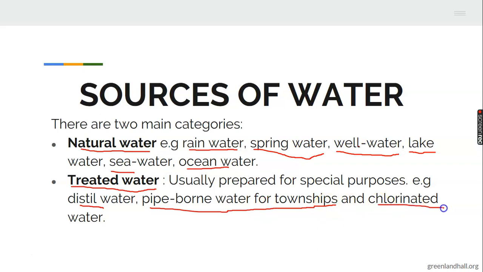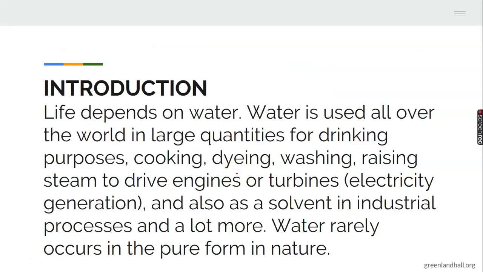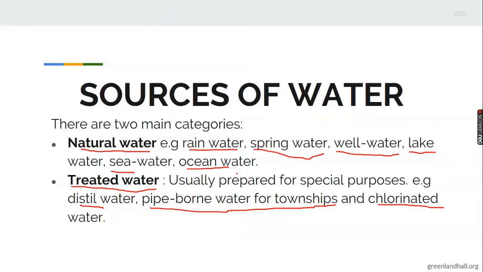And also chlorinated water is the water we use in our swimming pool, which actually prevents disease and all other stuff. Chlorine is added to disinfect the water.